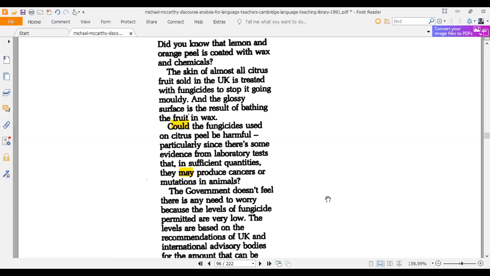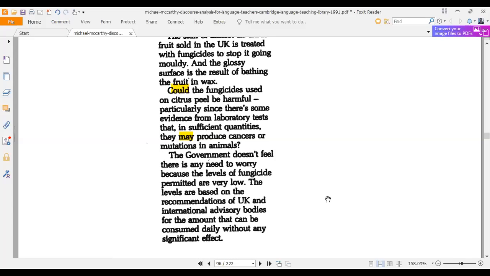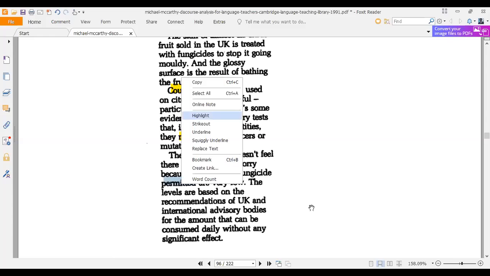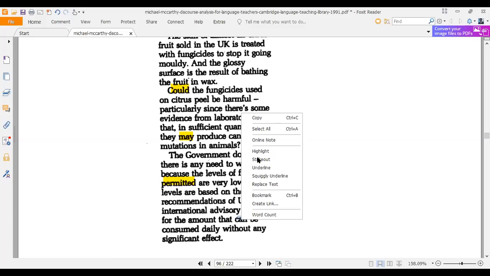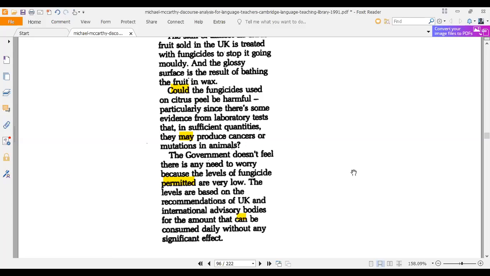The government doesn't feel there is any need to worry because the levels of fungicide permitted, here the word "permitted" is used, are very low. The levels are based on the recommendation of UK and international advisory bodies for the amount that can be consumed daily without any significant effect.